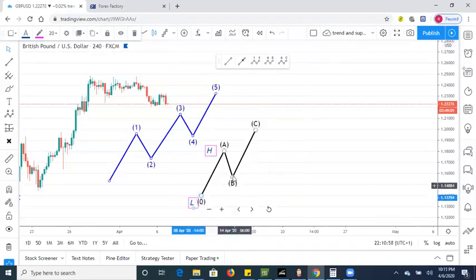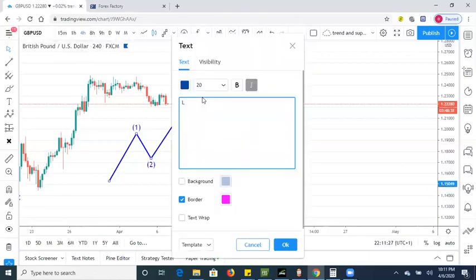Now, point B is higher than point 0, but it's lower than point C, but it is a low. This low is higher than this low. So we call this point a higher low, right? So you have a higher low here.